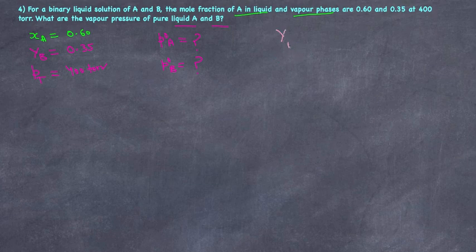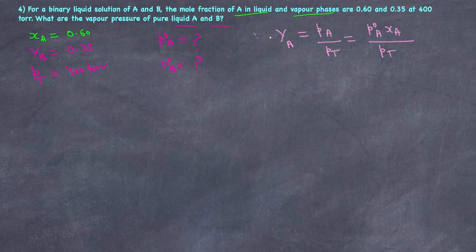So YA, the mole fraction of component A in the vapor phase, is going to be equal to PA over PT, and PA we know is equal to P naught A XA. If we rearrange this formula, let's multiply both sides by PT.